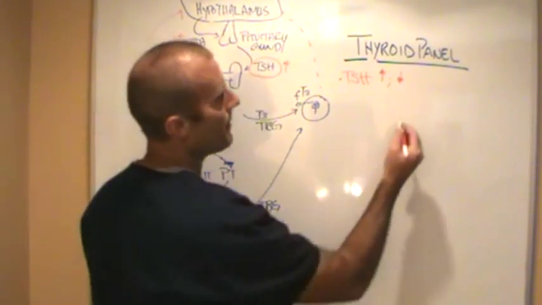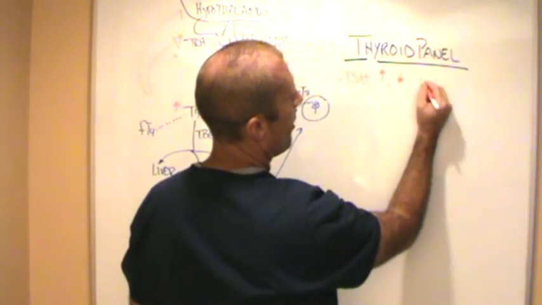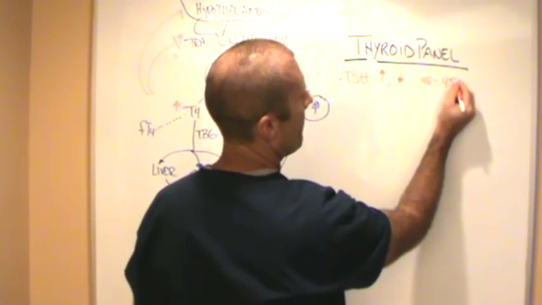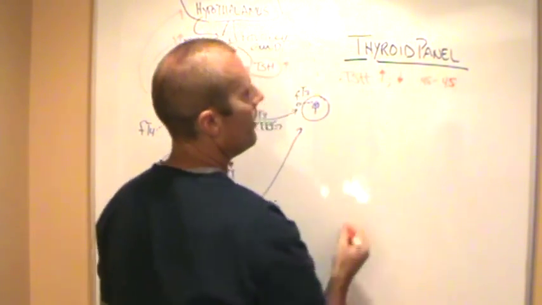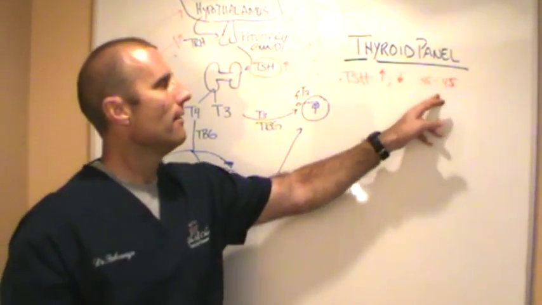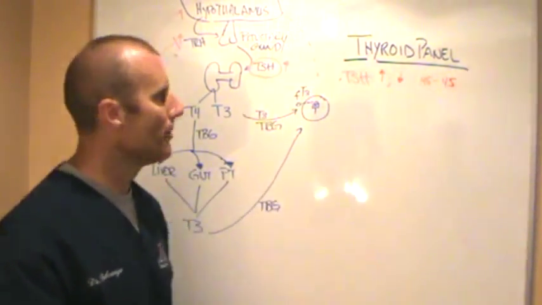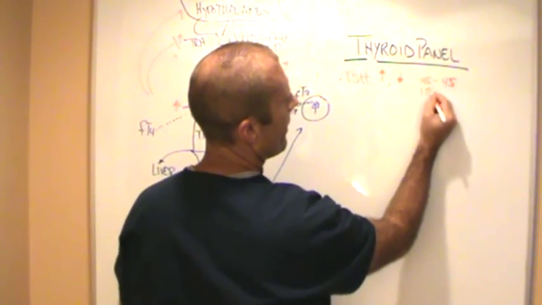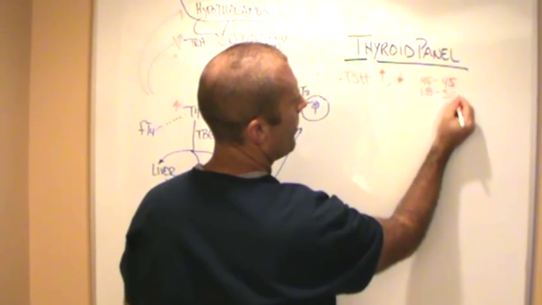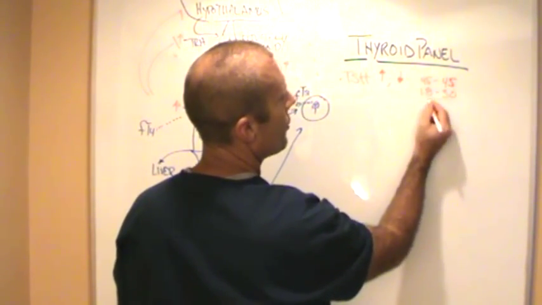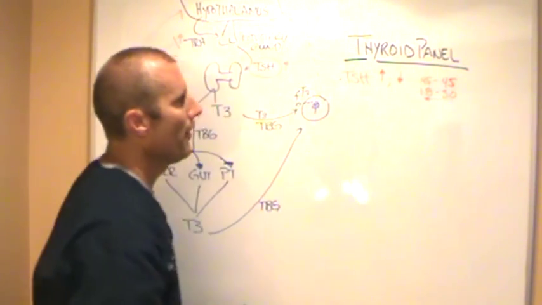The problem is that the range is pretty broad, 0.45 to 4.5 depending on the lab that you go to. And if that range is pretty broad, you could be symptomatic and still be within that range. In a functional medicine model, we like to take a look at a range between 0.8 to 3.0, and some say that maybe even skewed a little bit lower is maybe better.